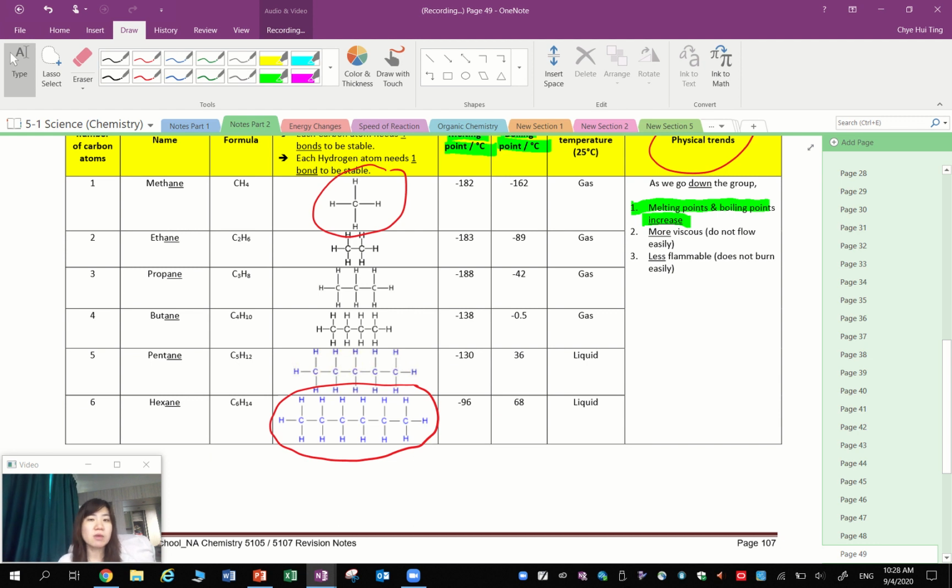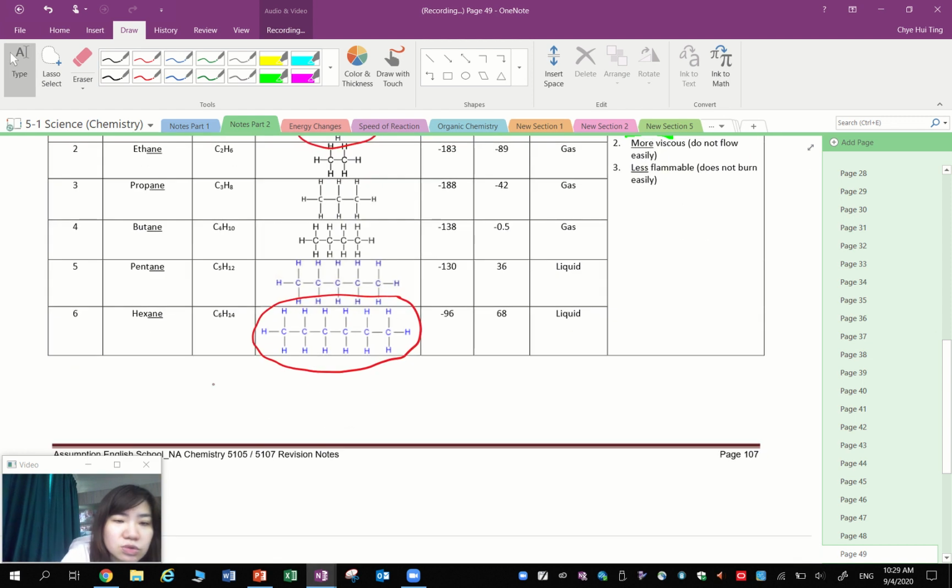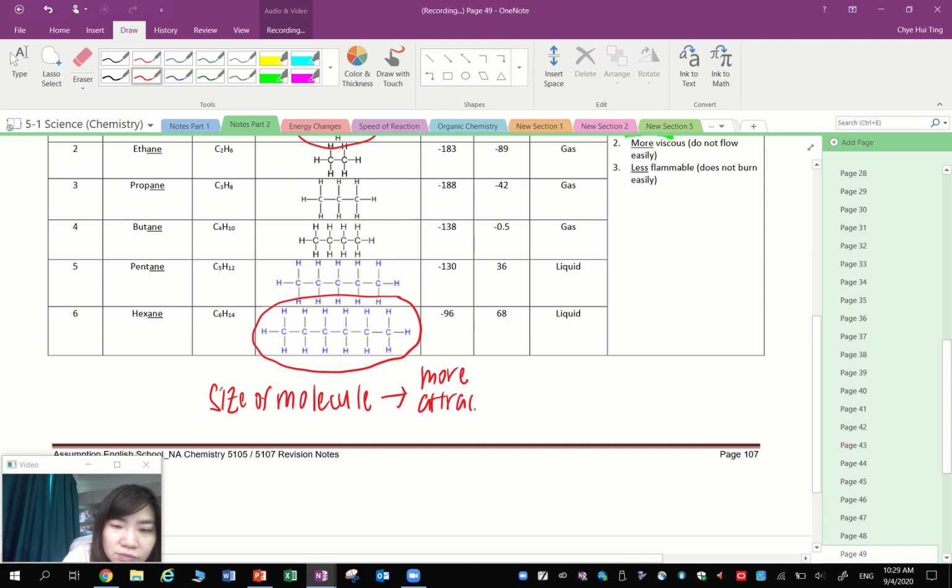That's why the melting and boiling point increase down the group. So I repeat, it has something to do with the size of the molecule, which leads to more attractive forces. Therefore, you need more energy to overcome it.